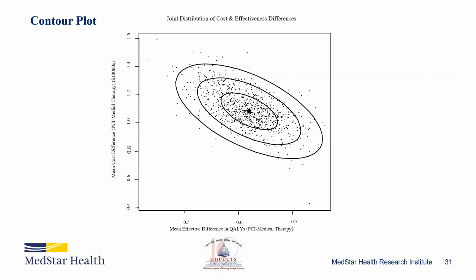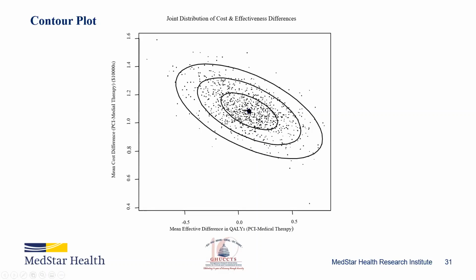And so we get this plot, a contour plot here, where we have the joint distribution of effectiveness and cost, where we have sampled from the different distributions. Our inner ellipse here is where 90% of the simulations fall.